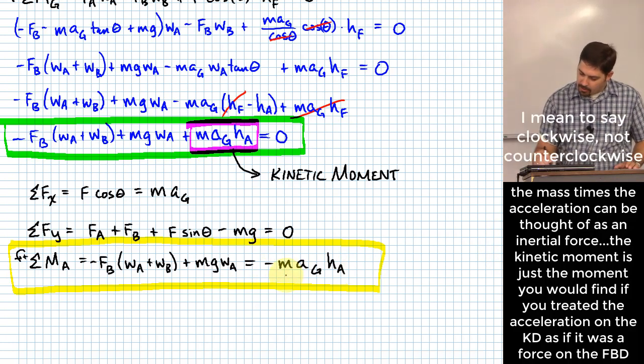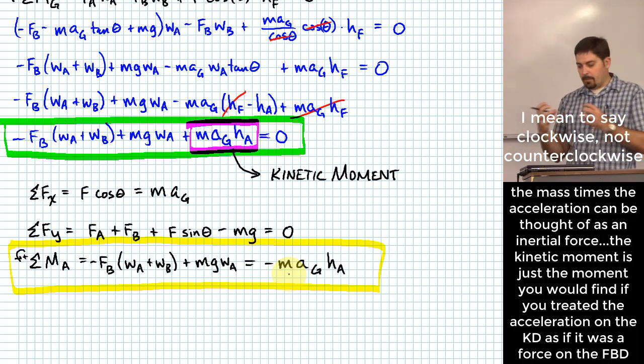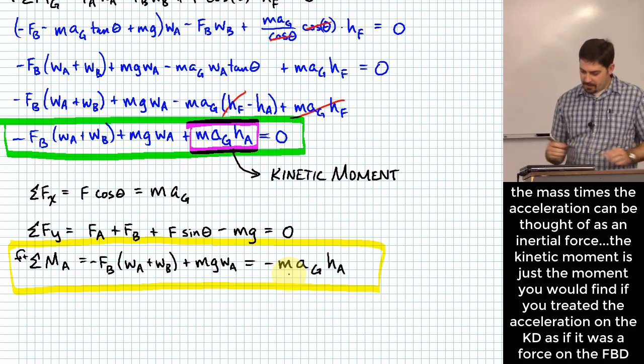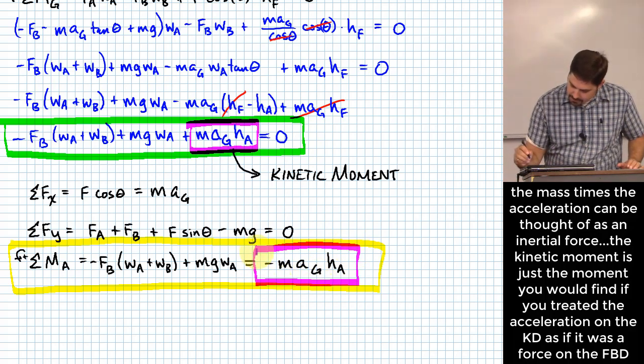We had a counterclockwise. That M times A sub G is kind of like a force, and you multiply that by the length HA, and that gives you this kinetic moment term. Again, that's this part right out here. This is your kinetic moment.